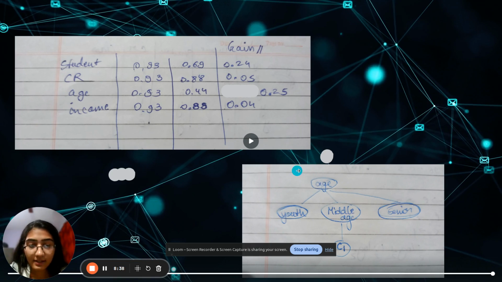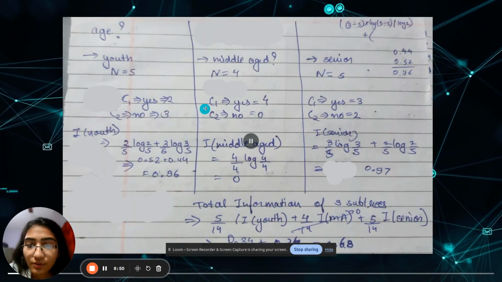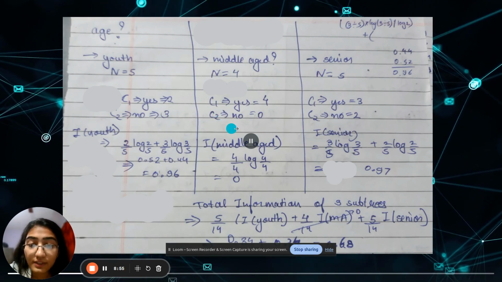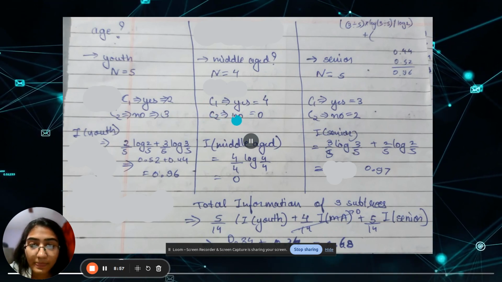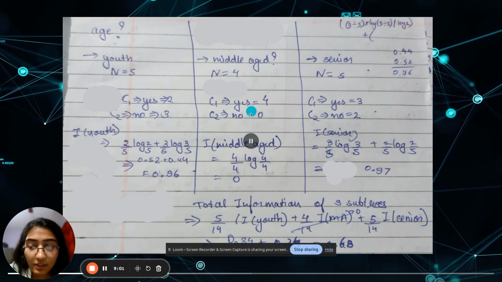For age, there are obviously three values: either youth, middle age, or senior. So as we can see in age, for middle age there is no C2. For no, that is the C2 class, there are 0 rows.